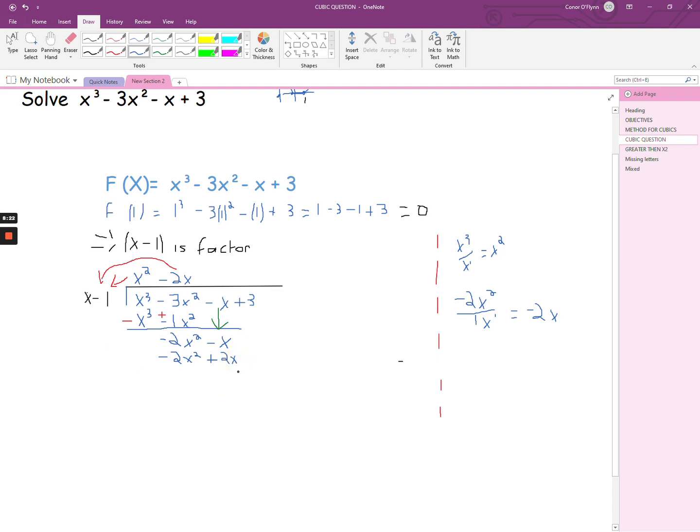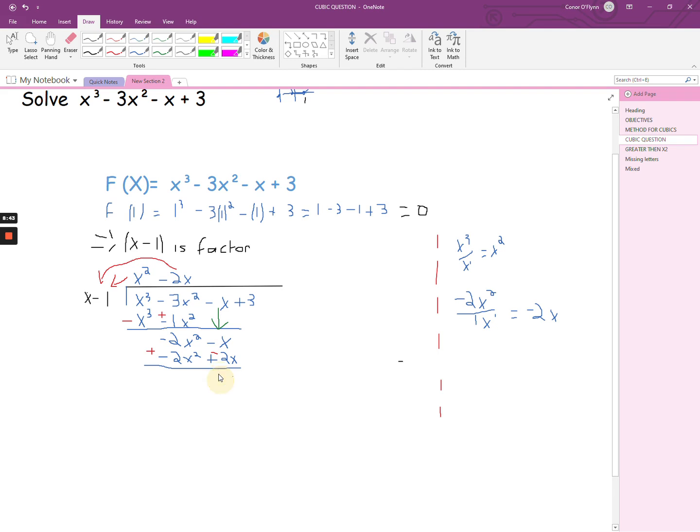Right. Now, and now I subtract. So again, I'm going to change my sign. So that'll become a plus, and that plus becomes a minus. Right, and then you see it'll be minus 2x plus 2x. That will go. I'll go to 0. It's gone. And then it's minus x minus 2x.